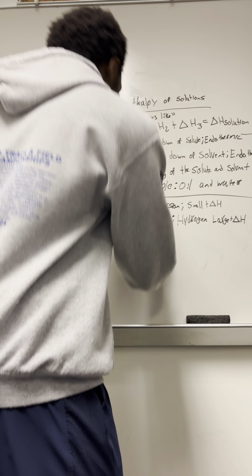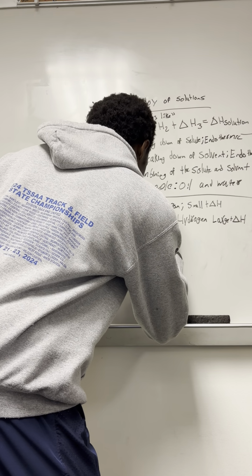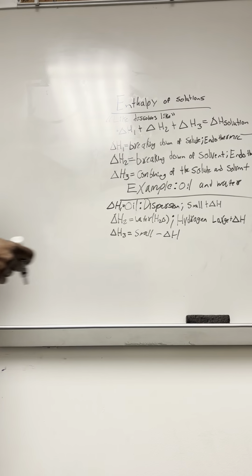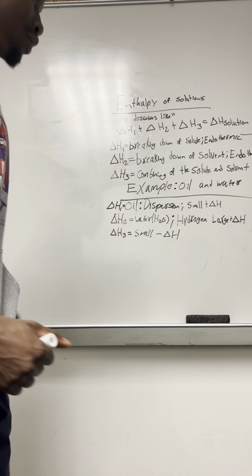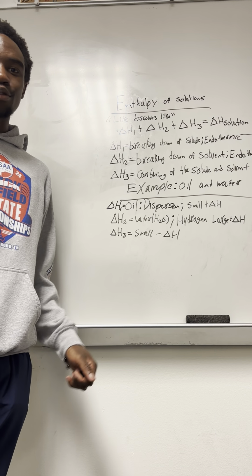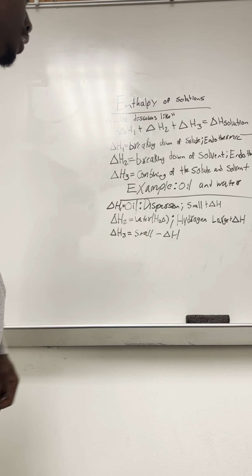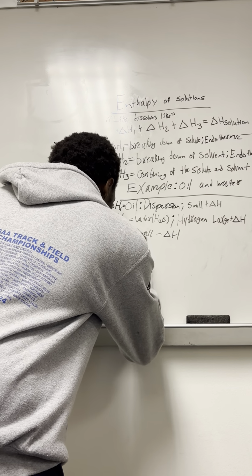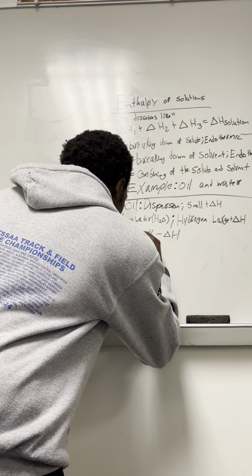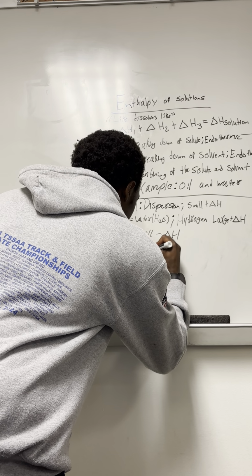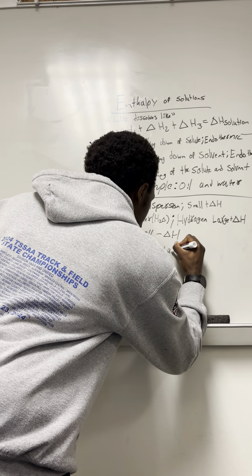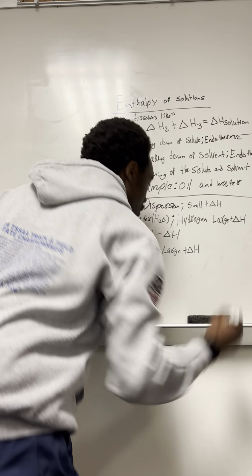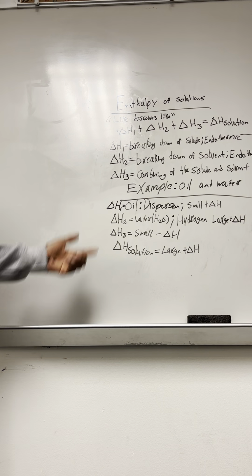So it'll be a small negative delta H. If you add all these three together, which we don't technically have the exact values for right now because you'd have a table with that, the delta H of solution will be a large positive delta H, which makes it endothermic.